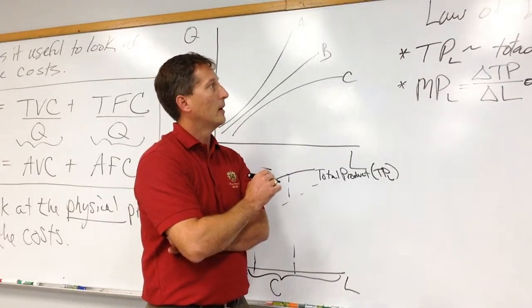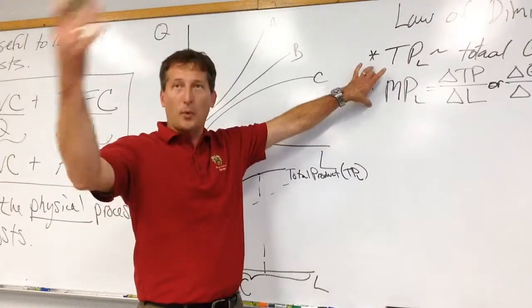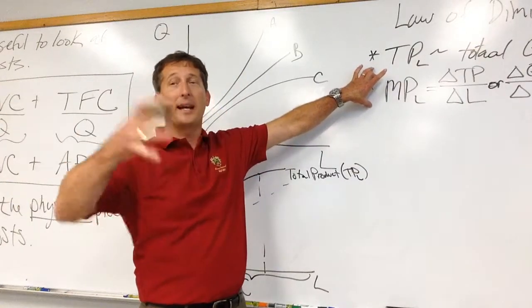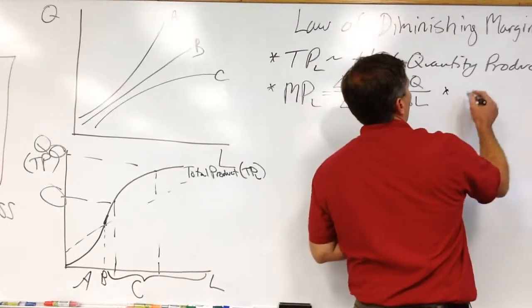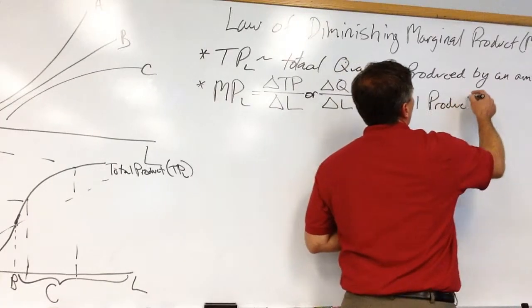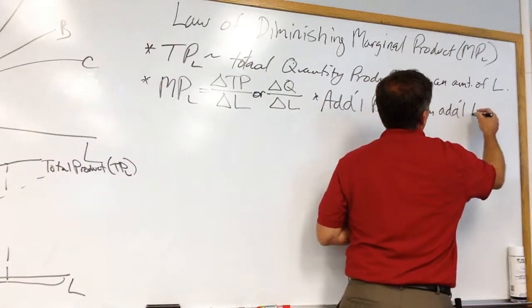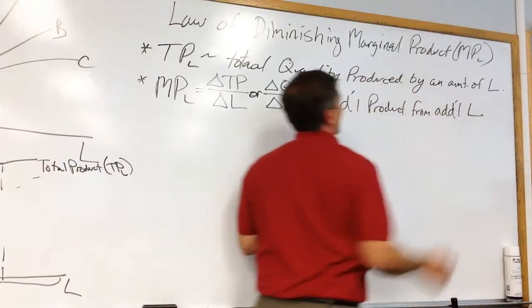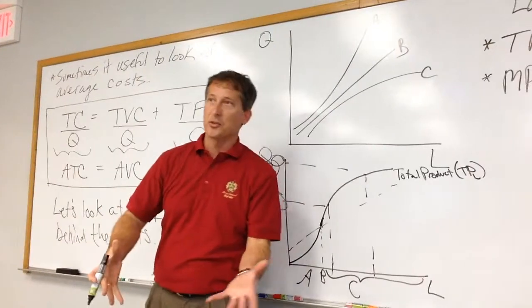And it's the additional product made by an additional unit of labor. So this is the additional product from an additional unit of labor. I add an extra person, how much extra hamburgers do I get?